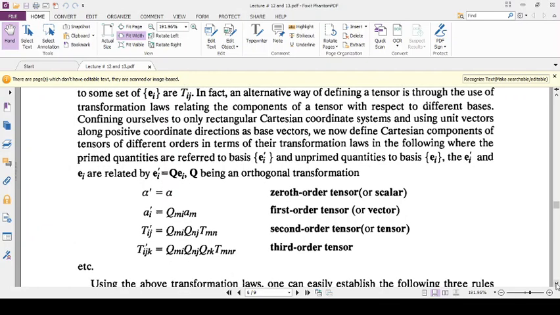So if we generalize this for a third order tensor, then this can be written as t prime ijk equals qmi, qnj and qrk with t, m, n and r.